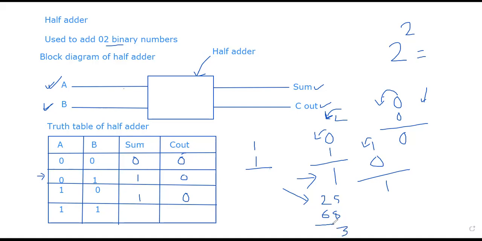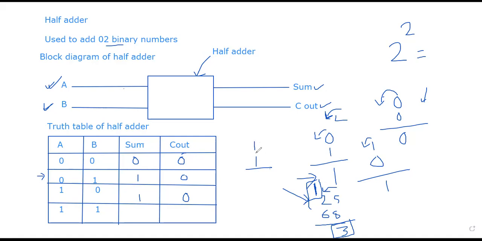Then 1 will be moving here. What is moving here is the carry out, and this 3 is going to be the sum. Clear? Right. I just wanted to explain that.